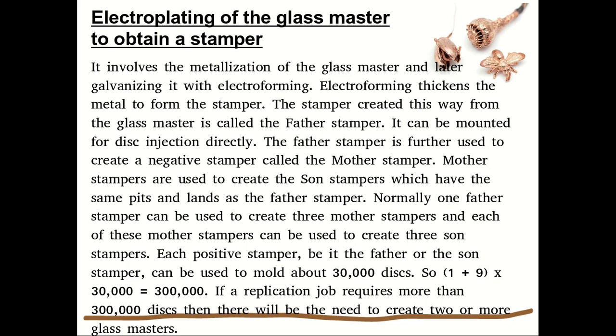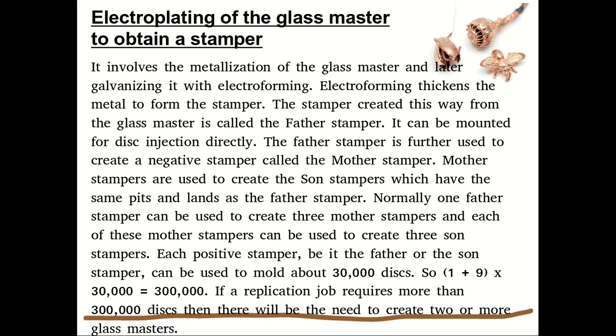Now, the next process is the electroplating of glass master to obtain a stamper. Now we have already printed our data on the glass master, but that glass master is such a delicate thing that we cannot use it freely for next process.